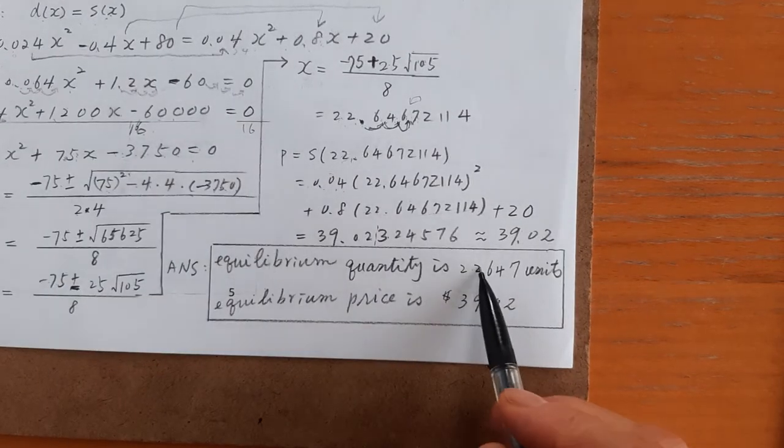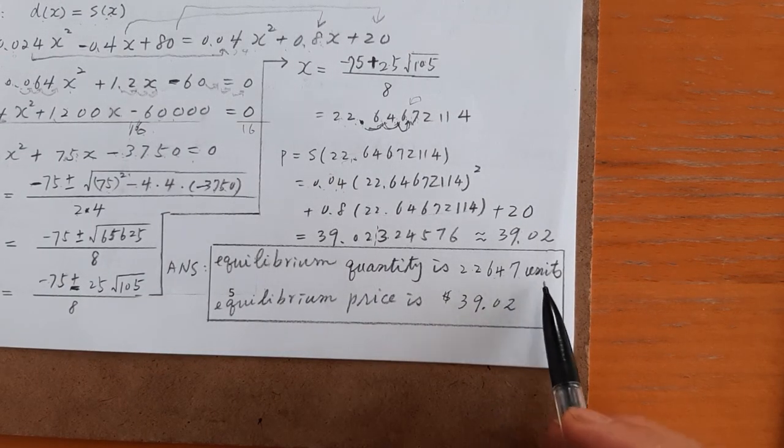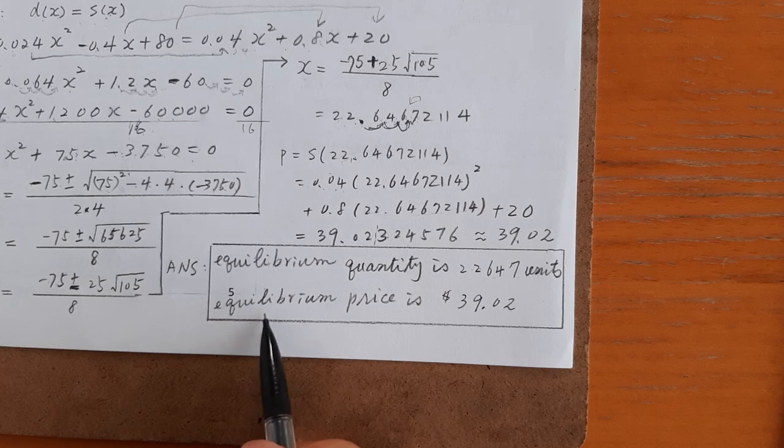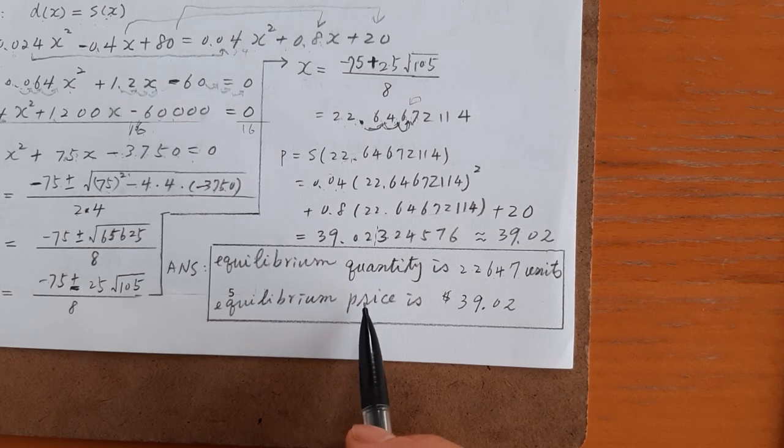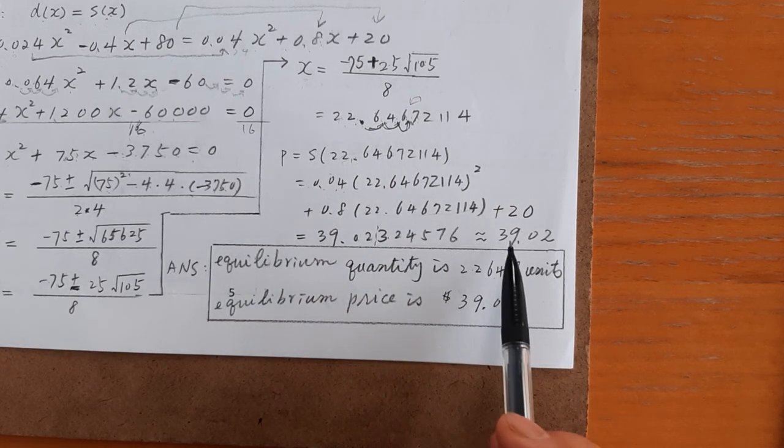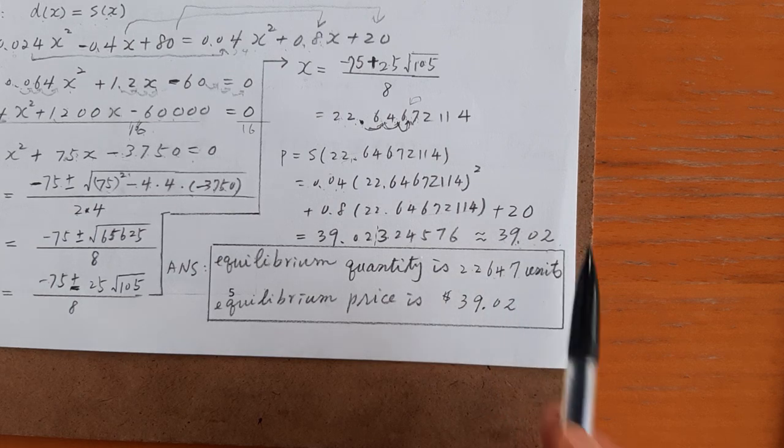So it's 22,647 units. The equilibrium price is $39.02.